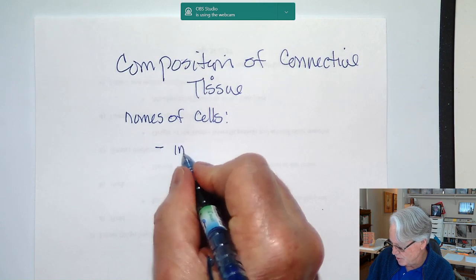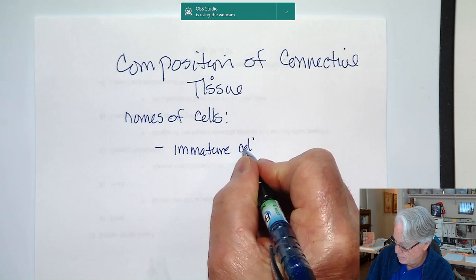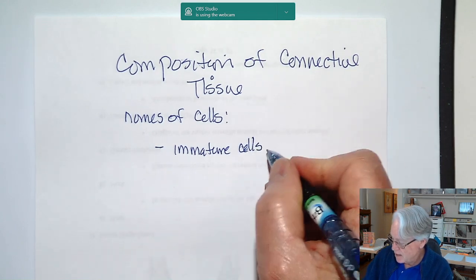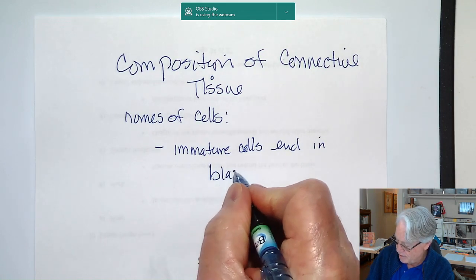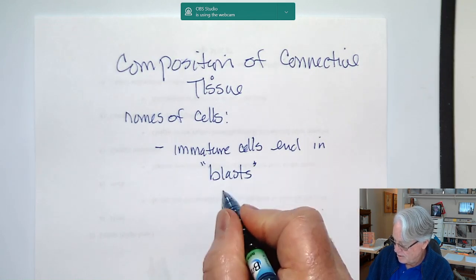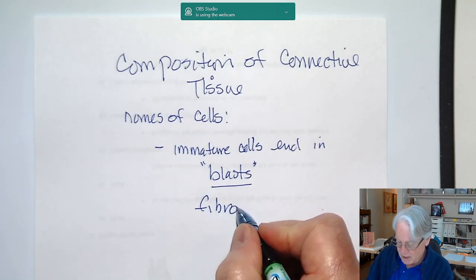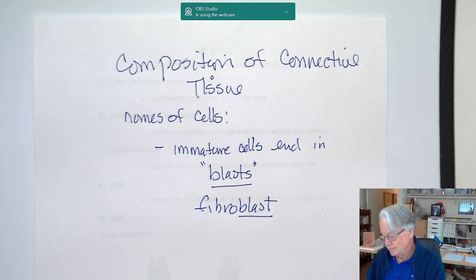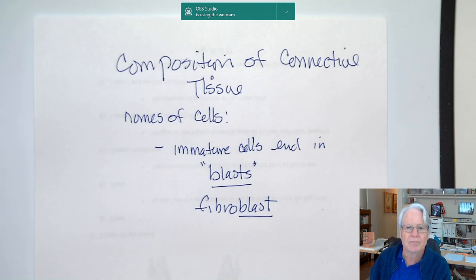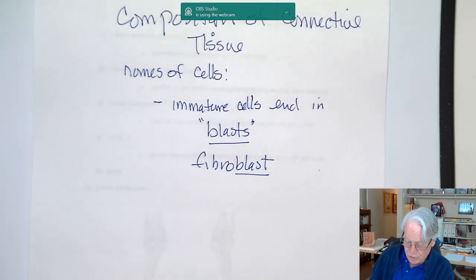So immature cells end in the term blast. For example, a fibroblast. And there's the ending. Immature cells: if you see that ending on the cell, that means it's an immature cell.